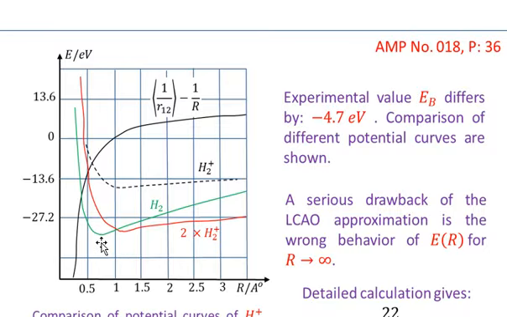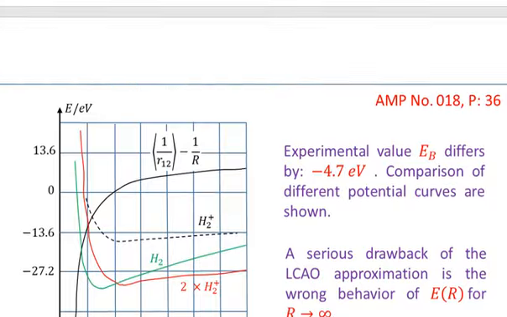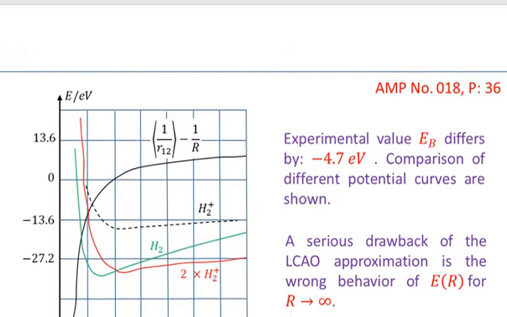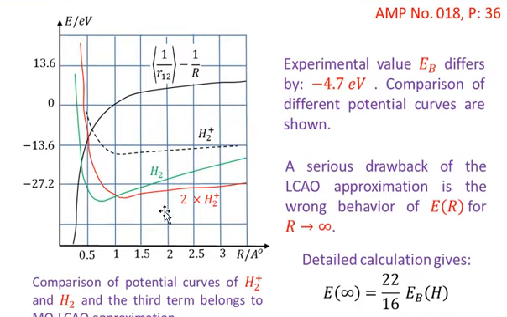The minimum of the green curve is lower than the minimum of the red curve by 2.7 electron volt, which I have mentioned here, minus 2.7 electron volt. Here I am comparing the binding energies of twice the singly ionized hydrogen molecule and the hydrogen molecule. The difference between them is minus 2.7 electron volt.